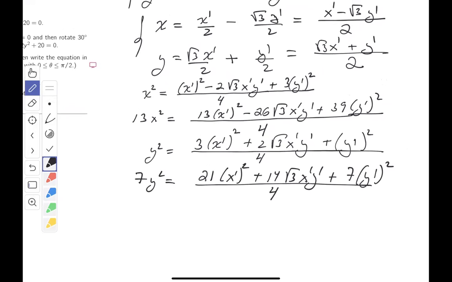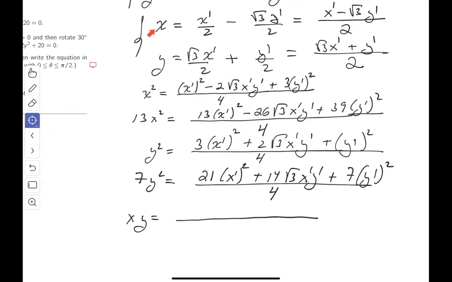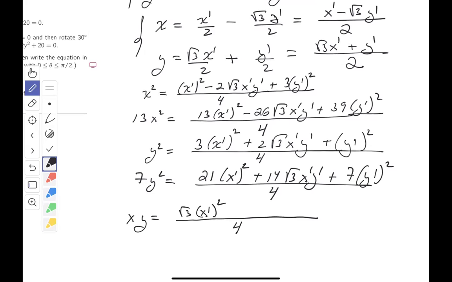I need x times y. Again, I want to point out what we're doing over here. This is x, this is y. We're multiplying these two together. Doesn't look bad. 4 on the bottom, and you can get root 3 x prime squared. On the end, you're going to get minus root 3 y prime squared.